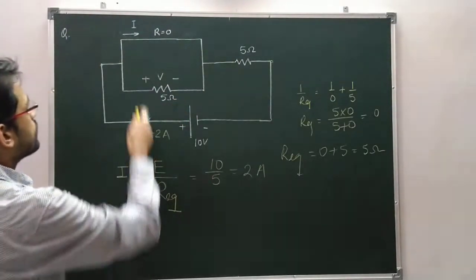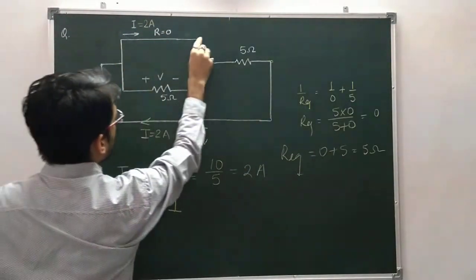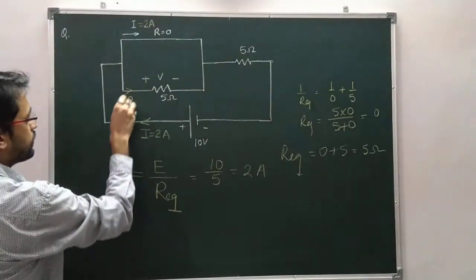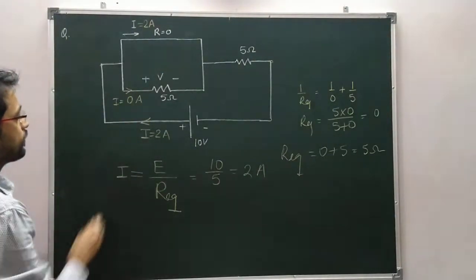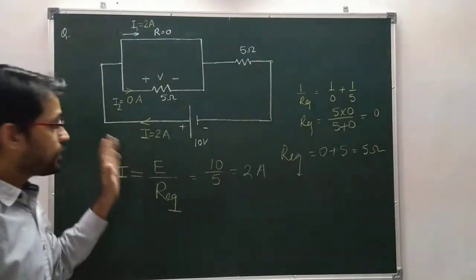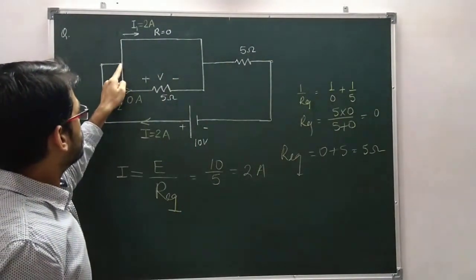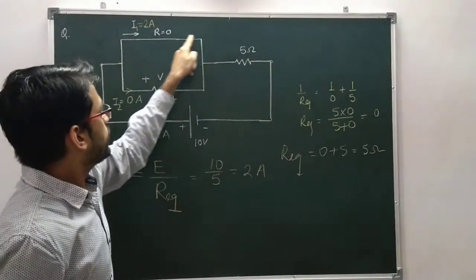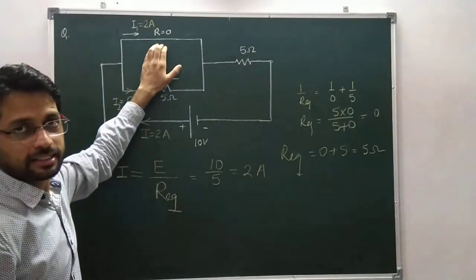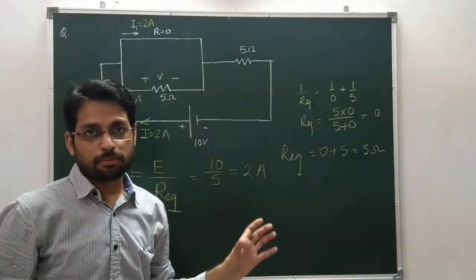So the whole current, 2 ampere, flows through this path having no resistance, and the 5 ohm has 0 ampere current. I2 is 0 ampere and I1 is 2 ampere. So this question is very important, because I'm shorting these two points through a wire having zero resistance, and the current always follows the low resistance path.